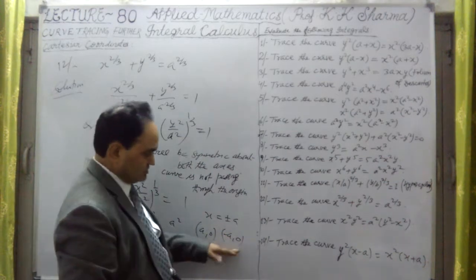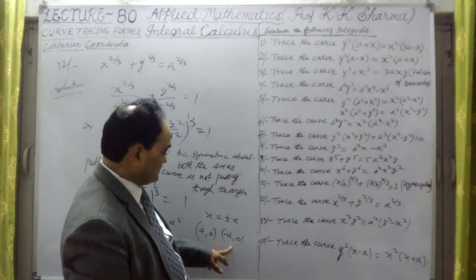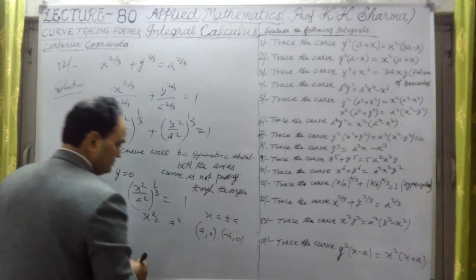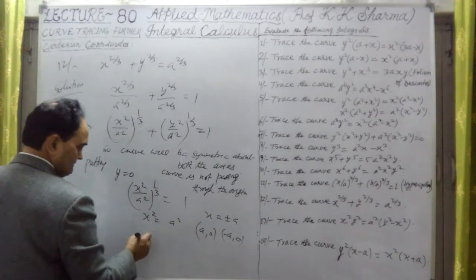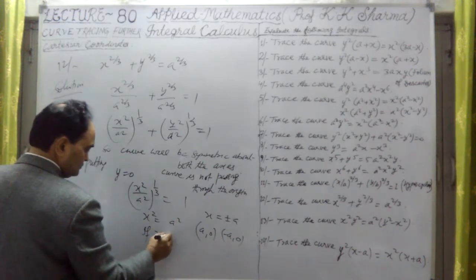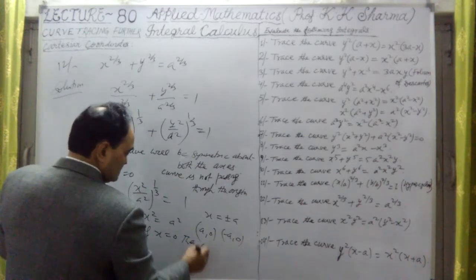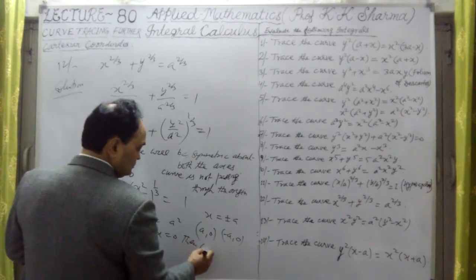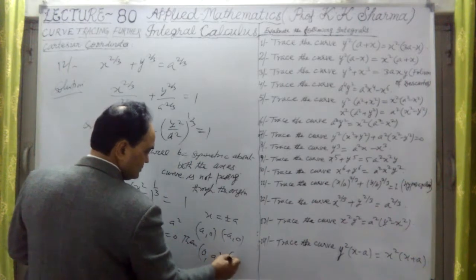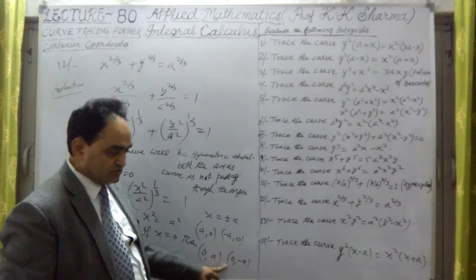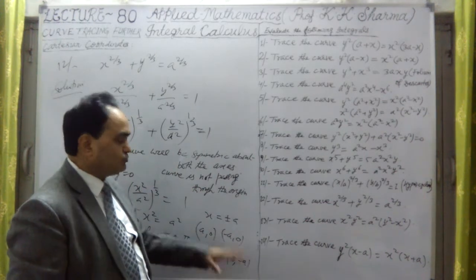So the curve will intersect the x-axis at these 2 points. Similarly, if I put x equal to 0, we get (0,a) and (0,minus a). So the y-axis will be intersected by the curve at these 2 points.